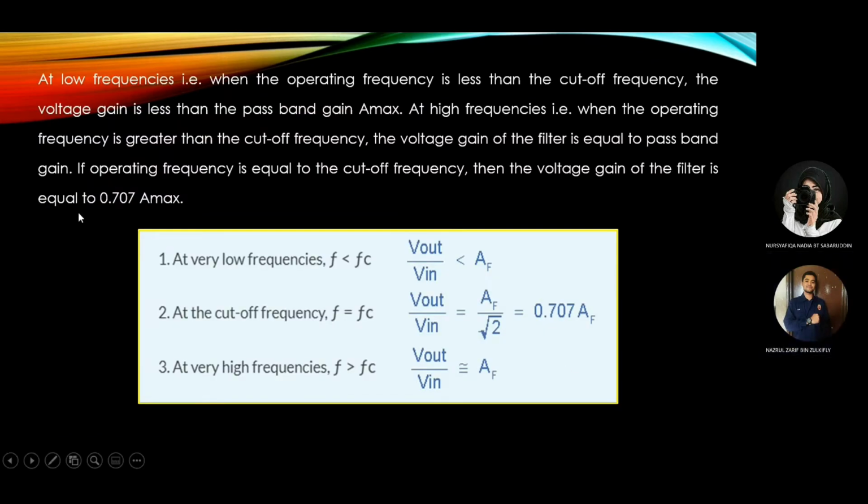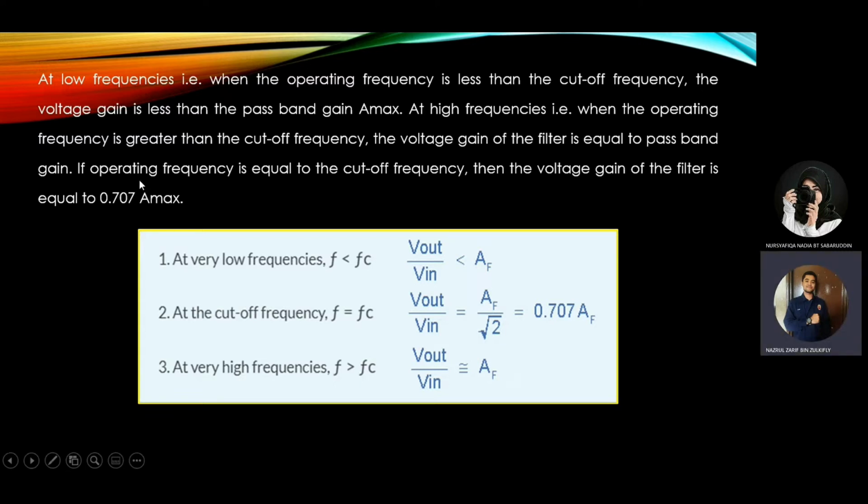At low frequency, or when the operating frequency is less than the cutoff frequency, the voltage gain is less than the pass band gain, which is A max or AF. At high frequency, or when the operating frequency is greater than the cutoff frequency, the voltage gain of the filter is equal to the pass band gain.